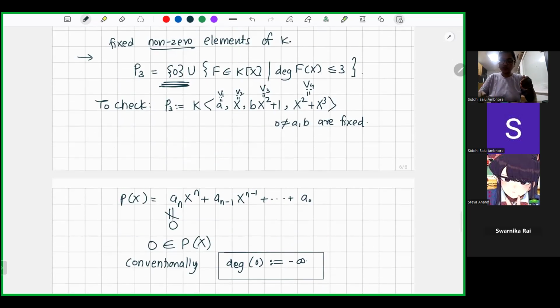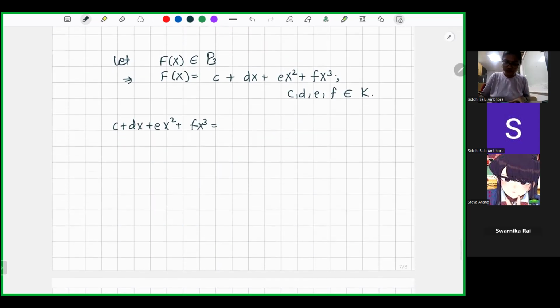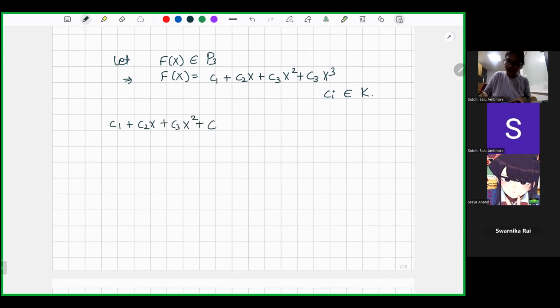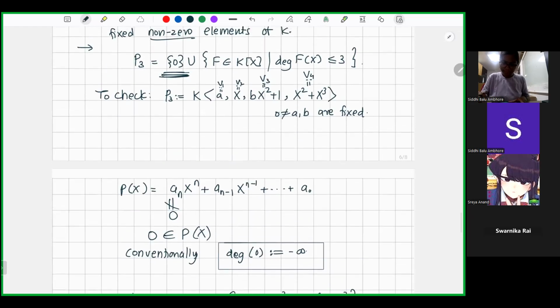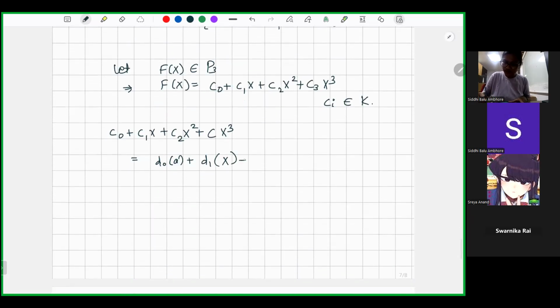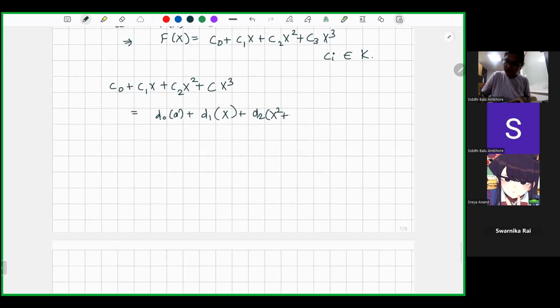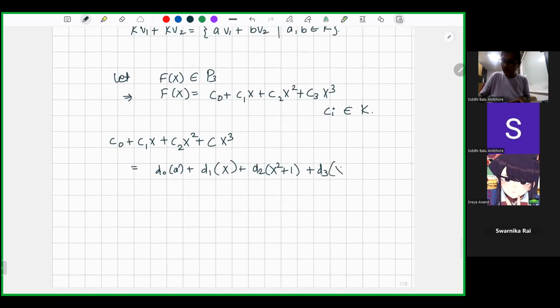And to check whether it is a linear combination of these four elements, let me just write this: C0 plus C1 x plus C2 x square plus C3 x cube, where Ci belongs to K. So C0 times x, and so on, with D0, D1, D2, D3: D0 plus D1 x plus D2 (x square plus 1) plus D3 (x square plus x cube).